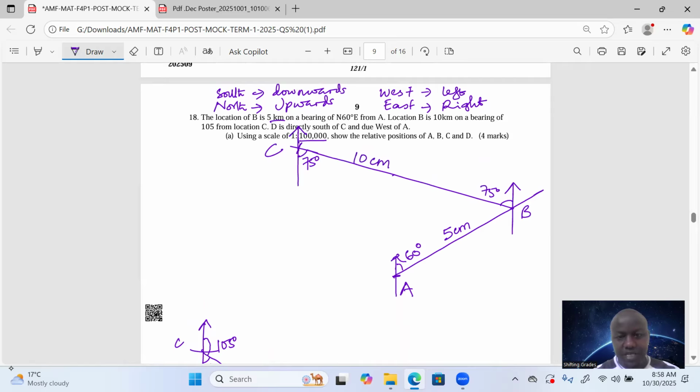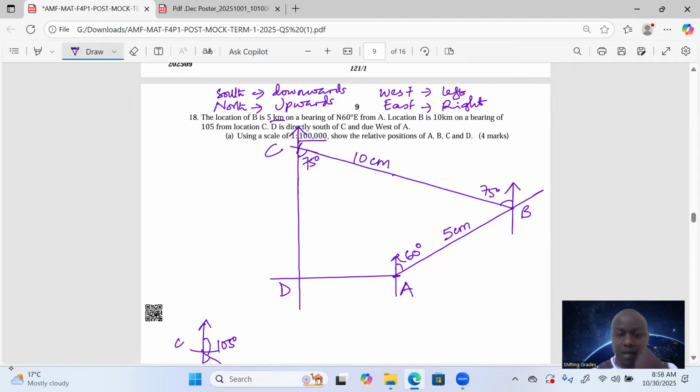Where is D? Directly south of C and west of A. Therefore, while at C, you just move directly downwards, and while at A, you move directly to the west, which means to the left. Now, the intersection gives us D, like that.